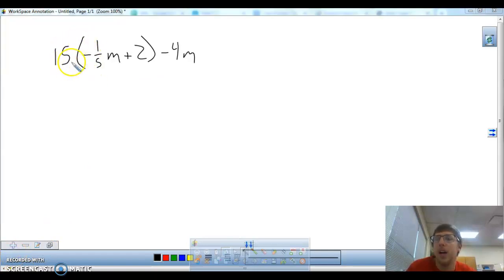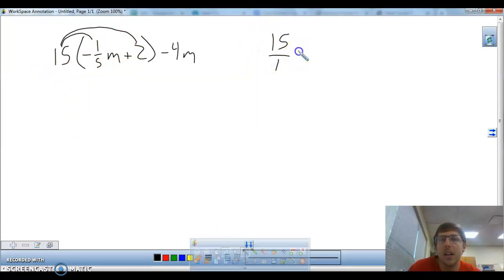All right, here's another problem. We got 15 times this quantity 1/5 m minus 4m. So here, the 15 is attached to parentheses, so we're going to distribute 15 to everything, right? Now, can you combine anything in the parentheses to begin with? No, we couldn't. So we're going to go ahead and distribute 15. So you got to look, what is 15 of 1/5 m, okay?